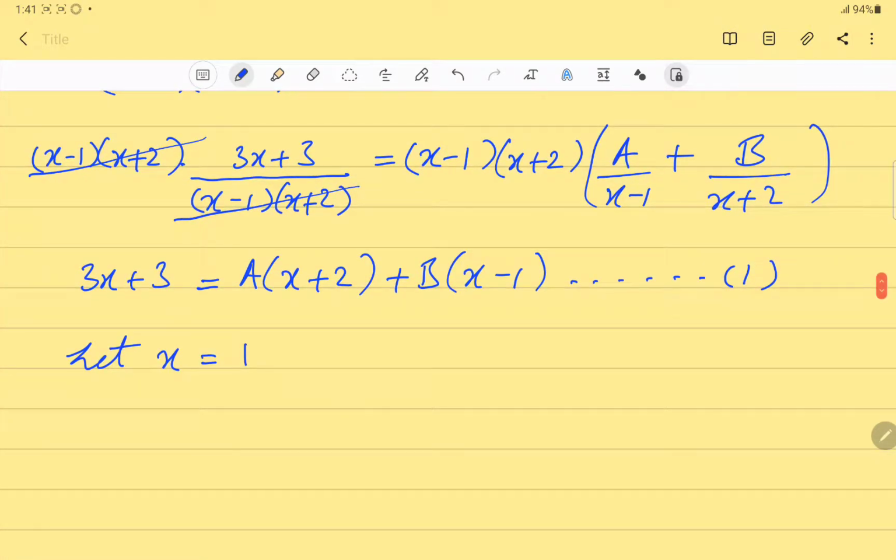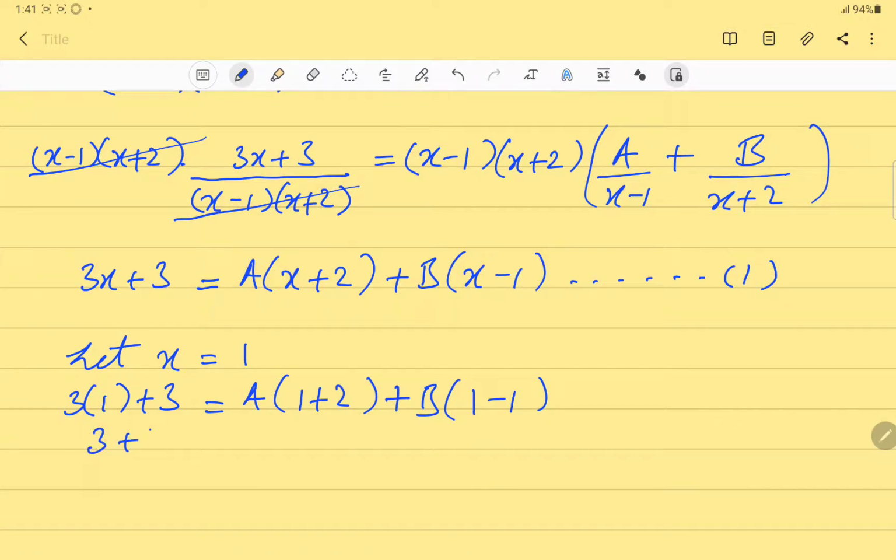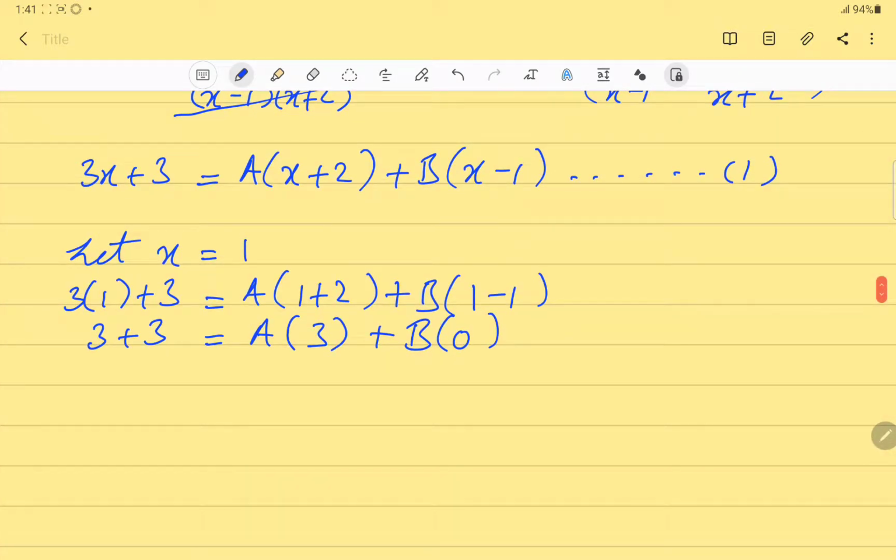So when it is 1, equation number 1 becomes 3 into 1 plus 3 is equal to a into 1 plus 2 plus b into 1 minus 1. 3 into 1 is 3 plus 3 is equal to a into 3 plus b into 0. 3 plus 3 is 6, a into 3 is 3a, and b into 0 is 0, and we will leave it, there is no use of that. So now we divide both sides by 3.